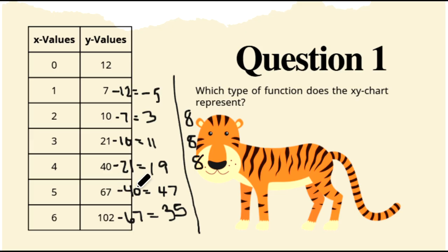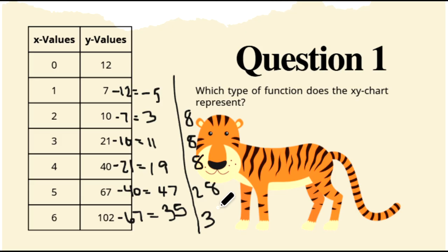I probably did this wrong. 47 minus 19. Let's see. 47 minus 19. That says 28. I probably did it wrong because, you know, I'm me. And 67 minus 35 gives us 32.